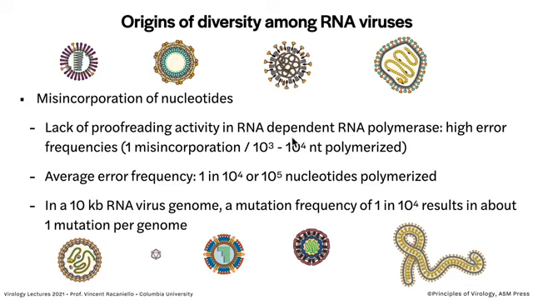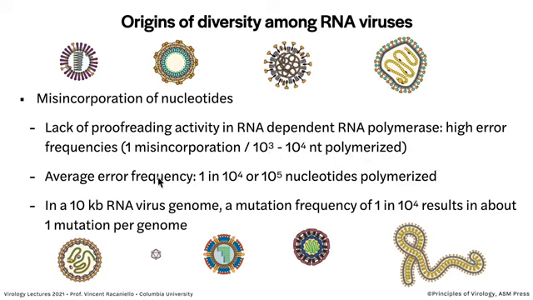And the RNA polymerases, the RDRPs, can't fix the mistakes. DNA polymerases can fix them, but RNA-dependent polymerases can't. Neither can a reverse transcriptase. The lack of proofreading ability causes the error rate of RNA viruses to be very high. One misincorporation per 1,000 or 10,000 nucleotides polymerized.